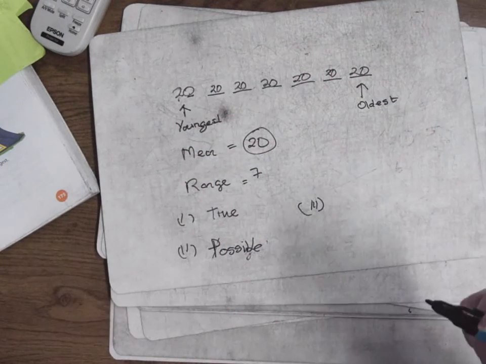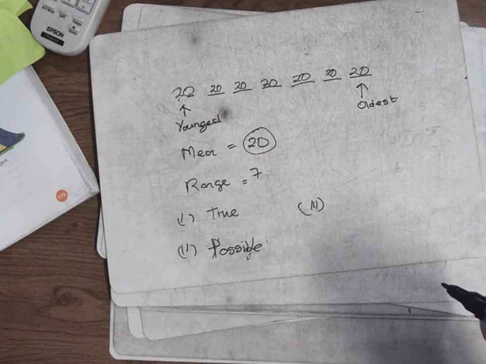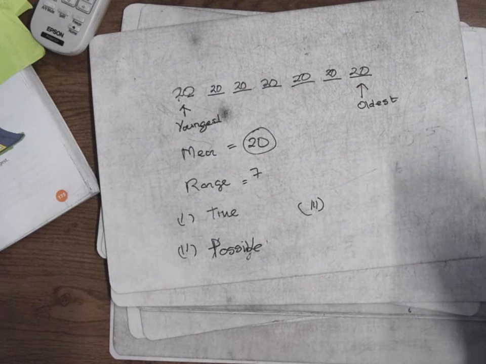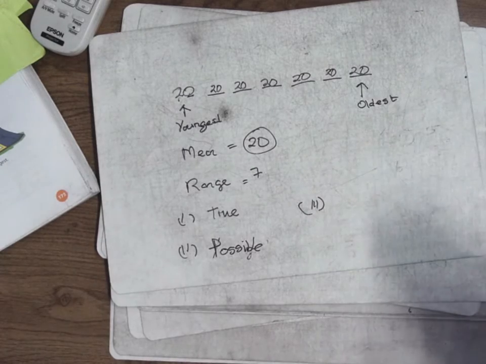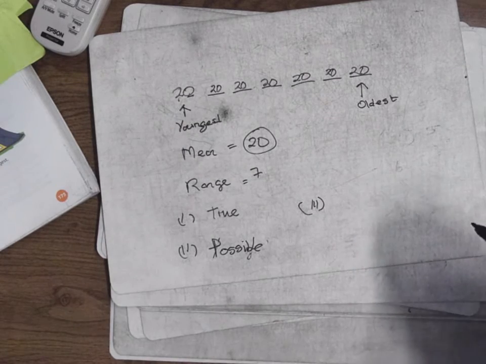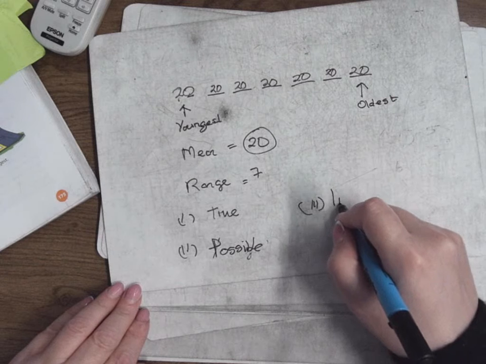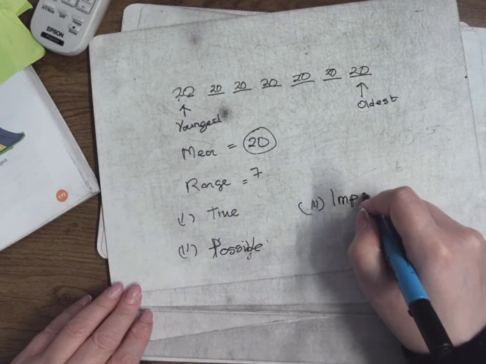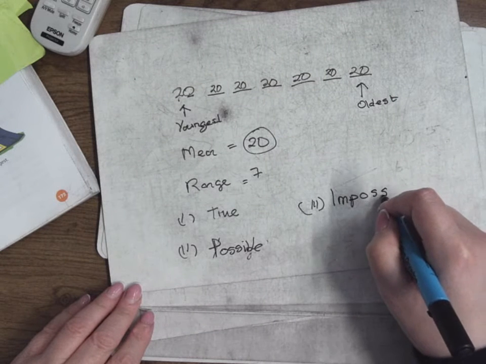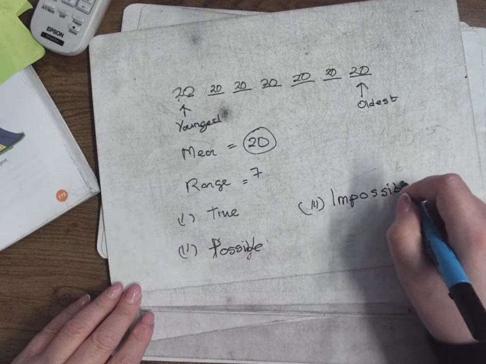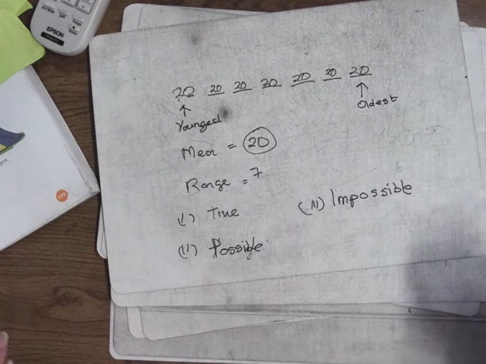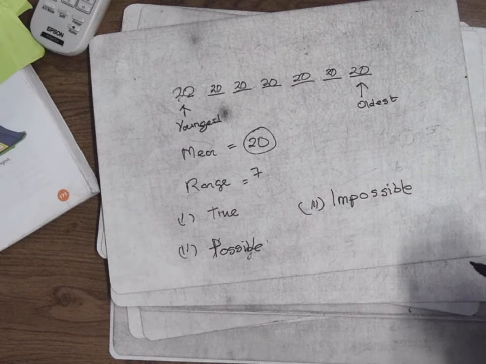Is the biggest number take away the smallest number 7? No, the biggest number take away the smallest number is what? 0, isn't it? The biggest number is 20, take away the smallest number is also 20. So that is impossible because they told me the oldest person take away the youngest person was 7. Is that okay? It's a bit of a weird question, but they just want to get you thinking. Okay, are we good?